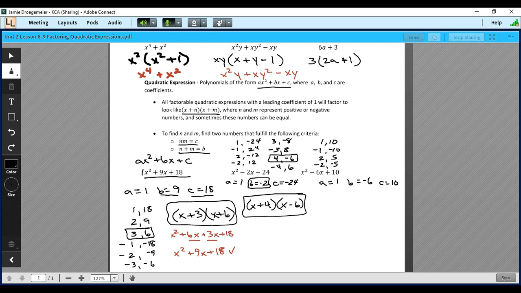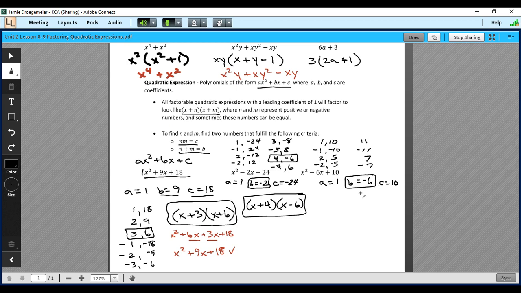If we look through this, we need a pair that will add up to -6. Well, 1 plus 10 is 11. -1 plus -10 is -11. 2 plus 5 is 7. -2 plus -5 is -7. And notice none of those add up to that -6 in the middle.